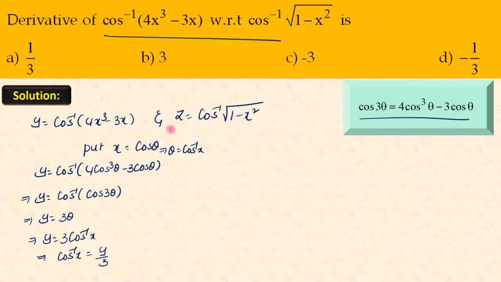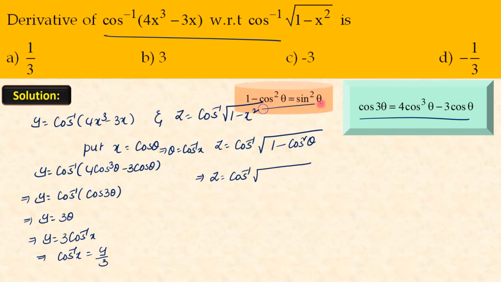Here also put x equals to cos theta. We get z is equals to cos inverse of square root of 1 minus x square, that is cos square theta. This implies z is equals to cos inverse of square root of, we know that 1 minus cos square theta is equals to sin square theta.